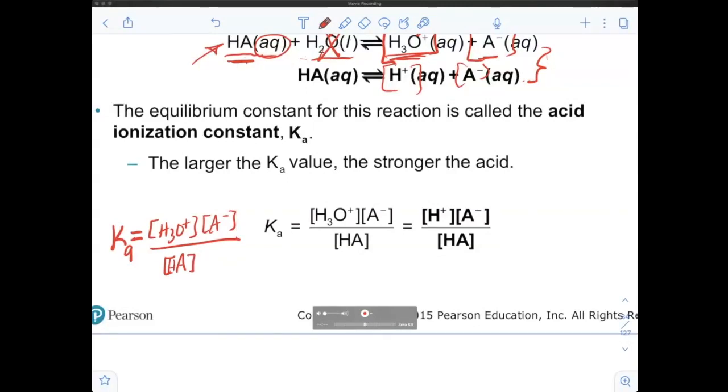So you're either writing it this way because you use the equation that has the water in, or you're writing it this way because you use the second equation. But either one is fine. They're telling you they're equal to each other.